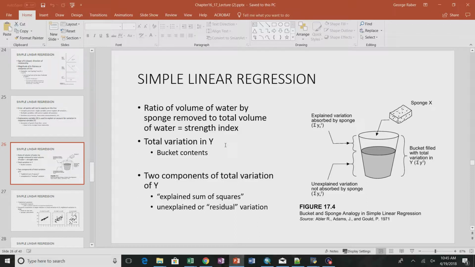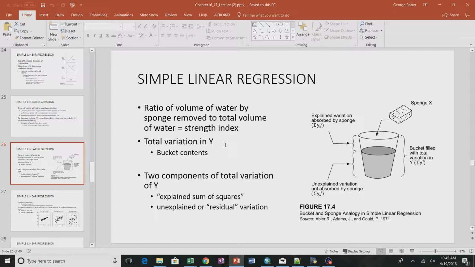We even took that analogy from somebody else, but the way we can think about a number that tells us about the predictive power of our relationship is a ratio of the explained variation divided by the total variation, or 1 minus the unexplained variation over the total variation. Because the explained variation and the unexplained variation total up to be the total variation. It's either explained or unexplained.